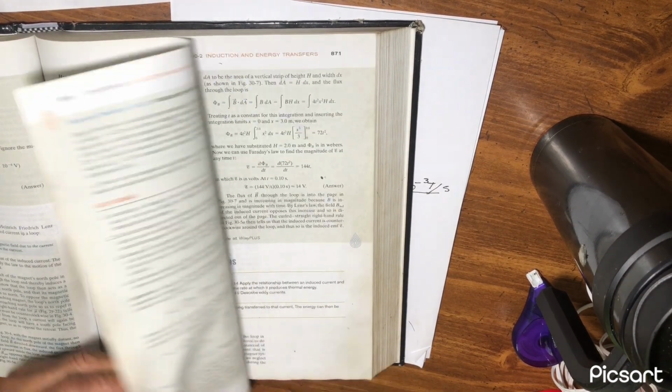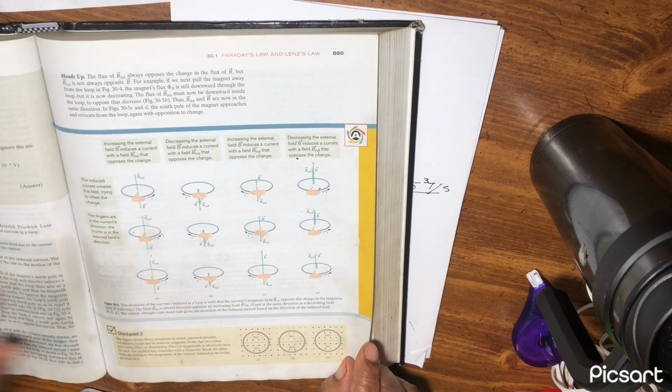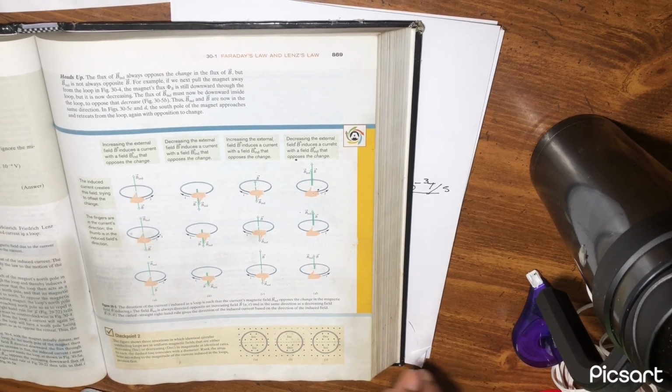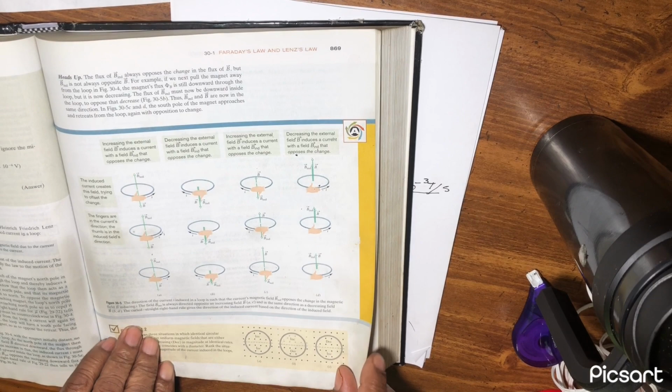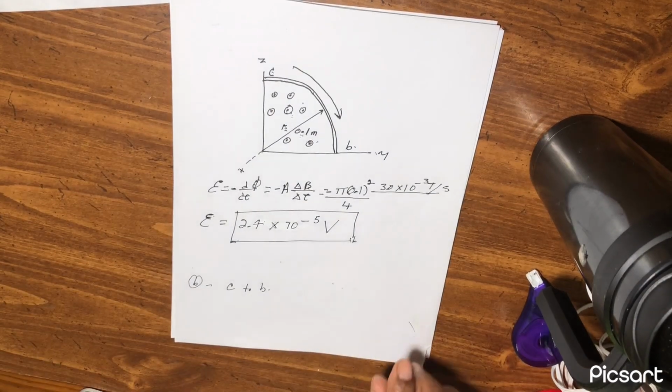So any trick that you can learn that's consistent, use it to figure out which way the current is flowing when we're inducing a voltage. That solves this problem.